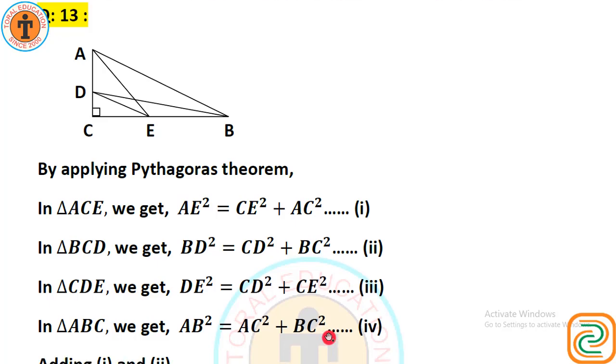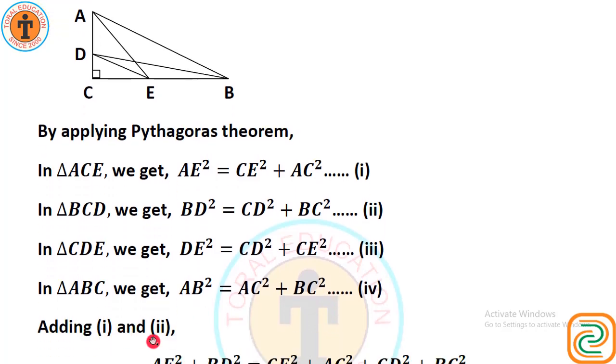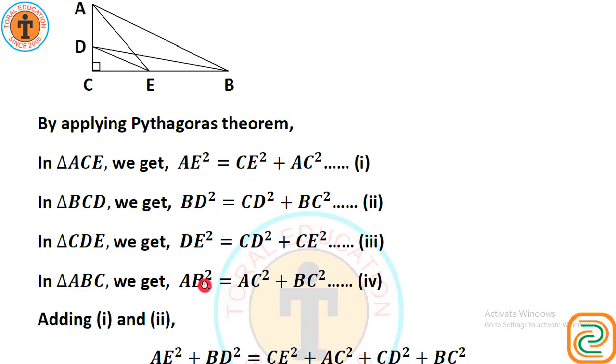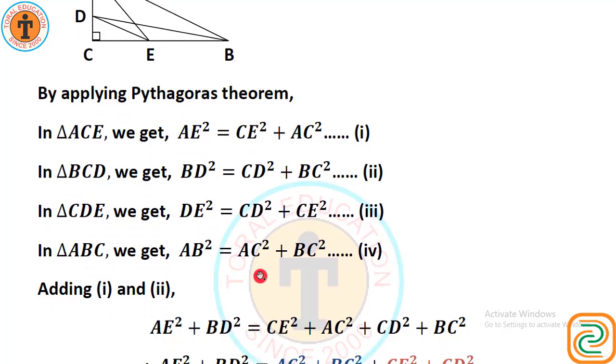Right? Now adding 1 and 2, AE square plus BD square equals CE square plus AC square plus CD square plus BC square.